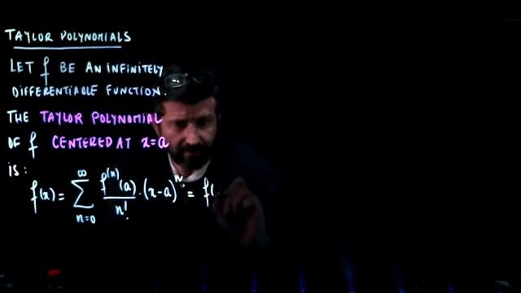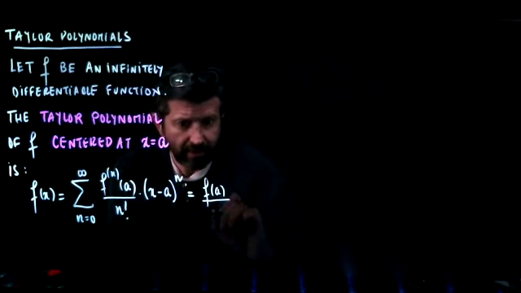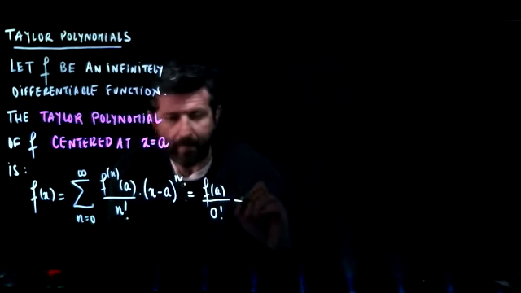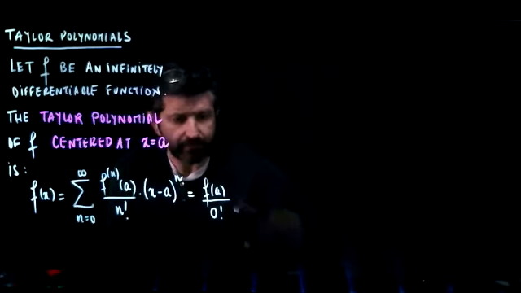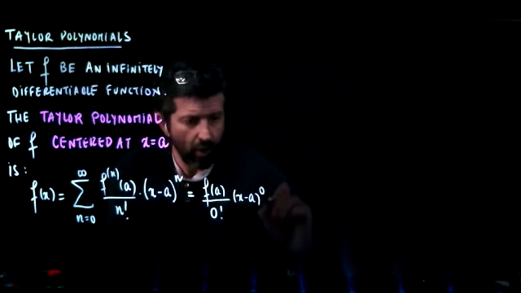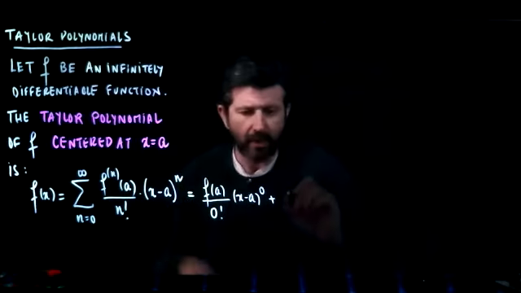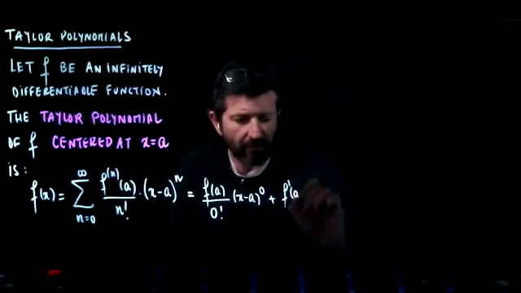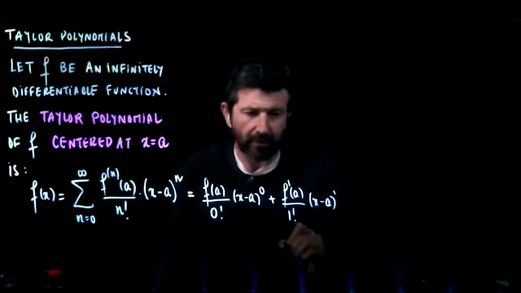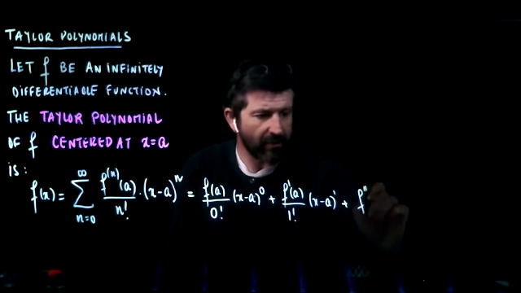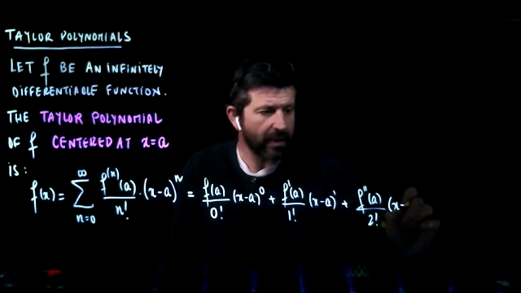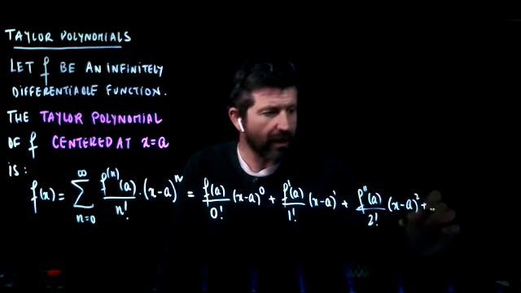So f of a divided by 0 factorial, times (x minus a) power 0, plus, then n is 1, f prime of a over 1 factorial times (x minus a) power 1, plus the second derivative of f evaluated at a over 2 factorial times (x minus a) power 2, and so on and so on.